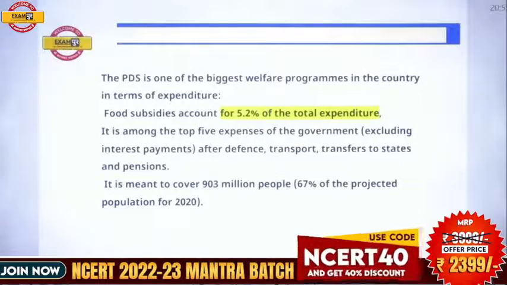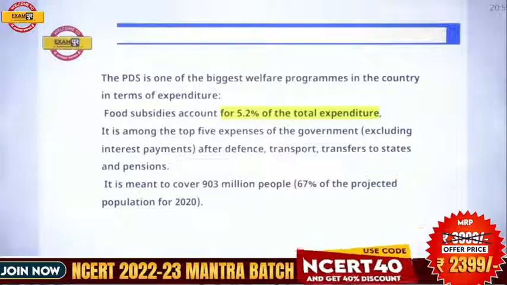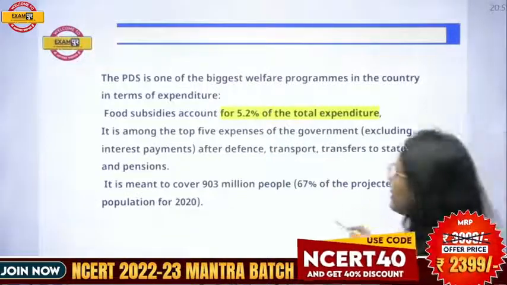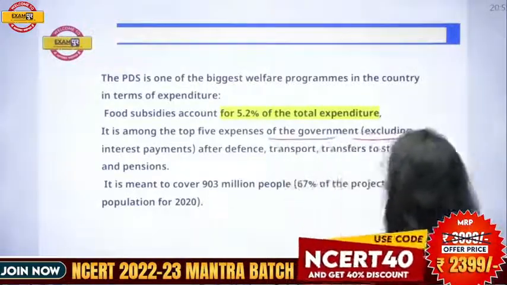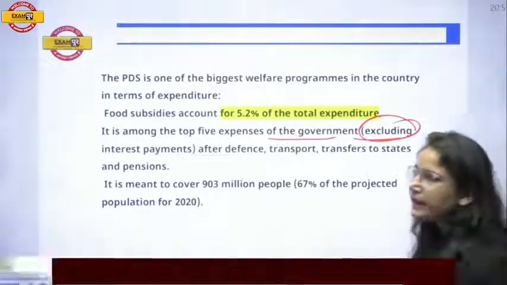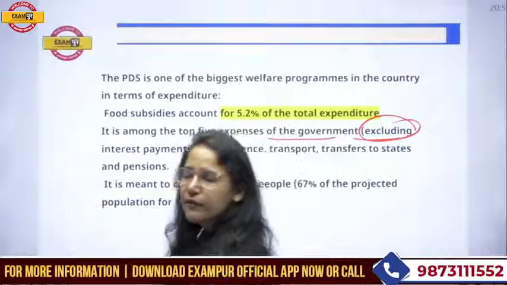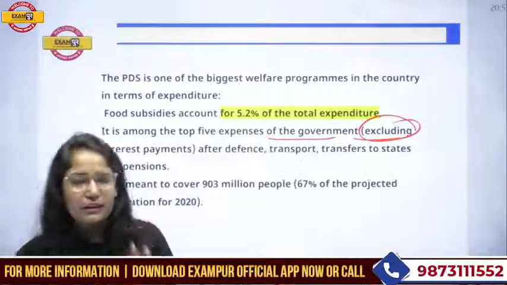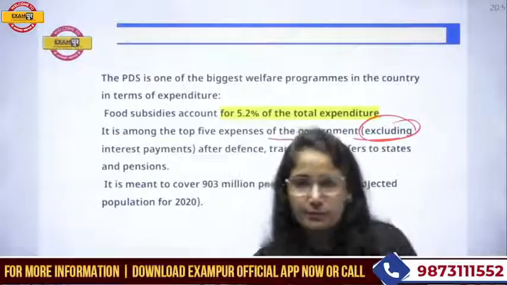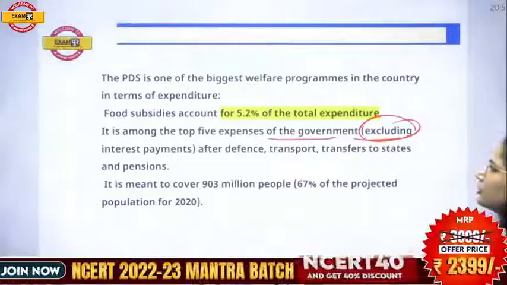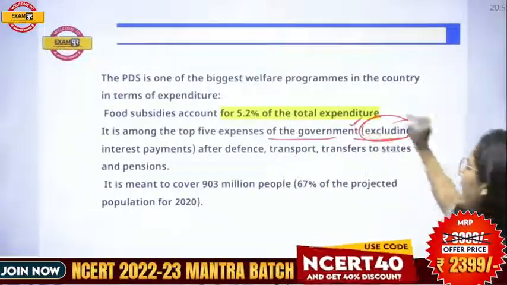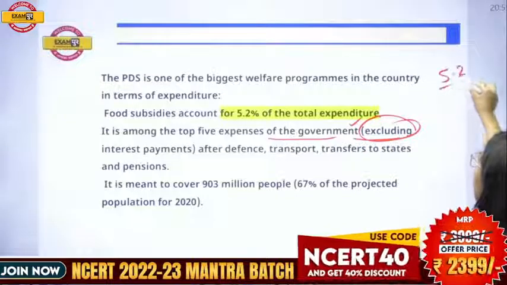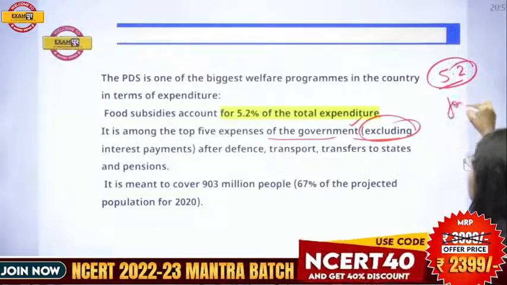Next is the top 5 expenses of the government, excluding the interest payment. Whatever interest payment we are making, we are not including that. Beyond that, it is among the top 5 expenses of the government, as we are spending 5.2% on the food subsidy.